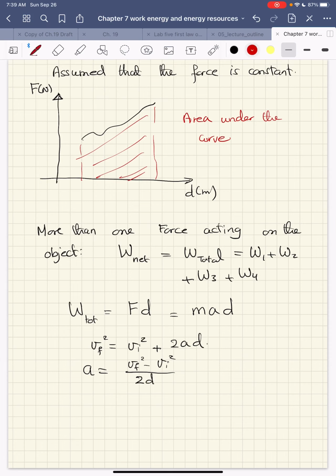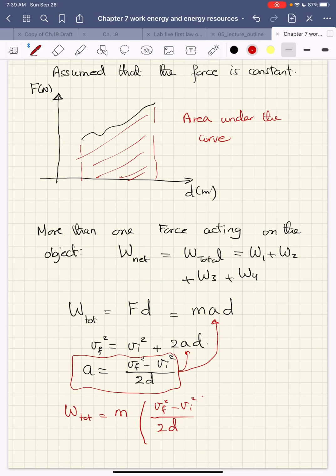I can take this and put it here. Then I will say work total equals M, A, we're going to remove it and put this expression times D.